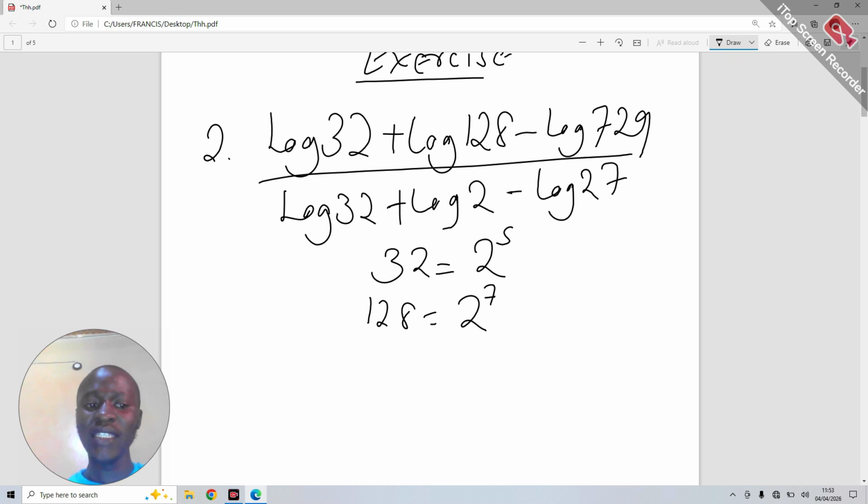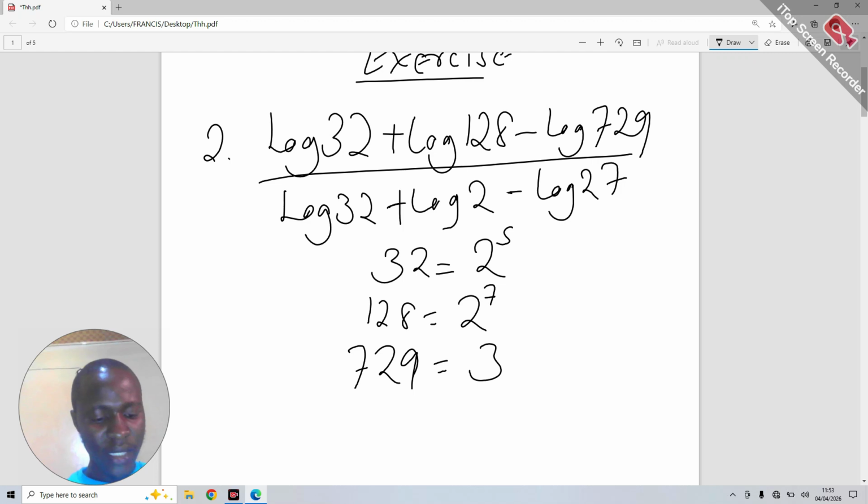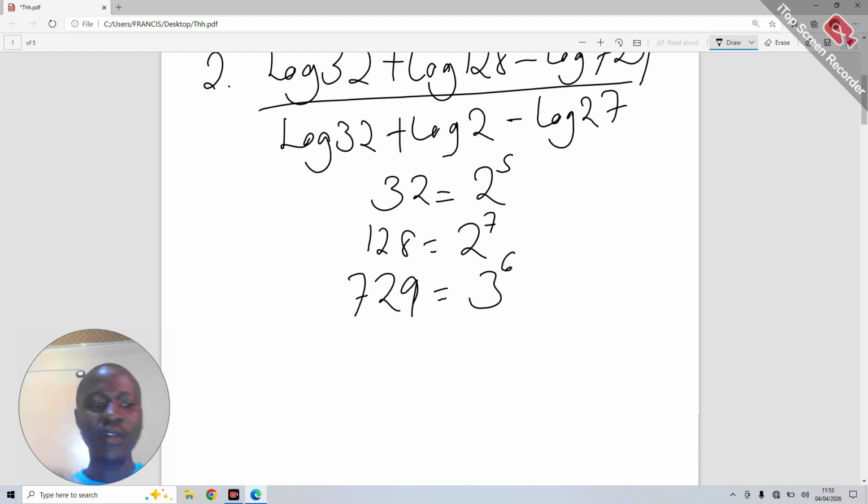You can factorize it to get these things. That process is still allowed. 729 is the same as 3 power 6, if I'm not wrong. 32, you have 2 the same as 2 power 1, which doesn't make sense. Having 27 is the same as 3 power 3.